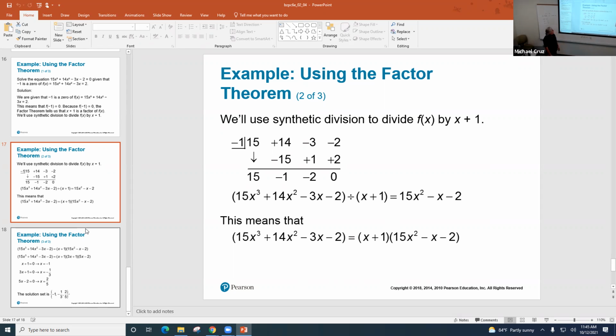So x plus 1 is a factor, which is the same thing as saying one of the solutions is x equal to -1. Which means we can now write this as x plus 1 times the quotient 15x squared minus x minus 2.